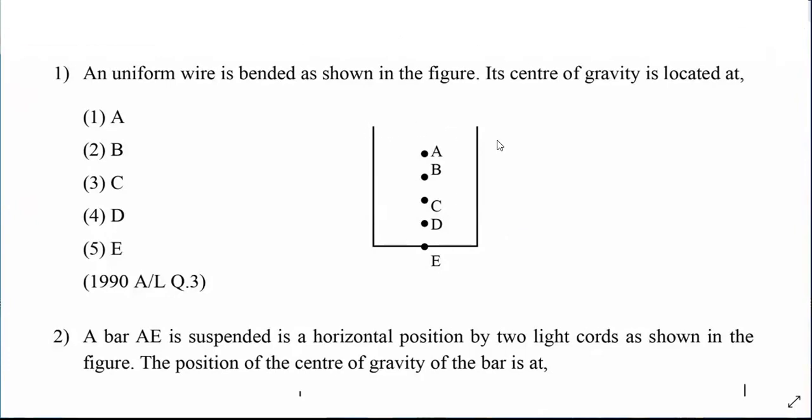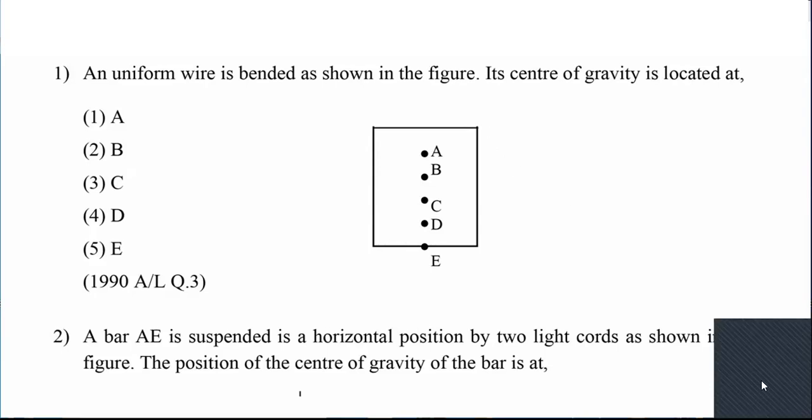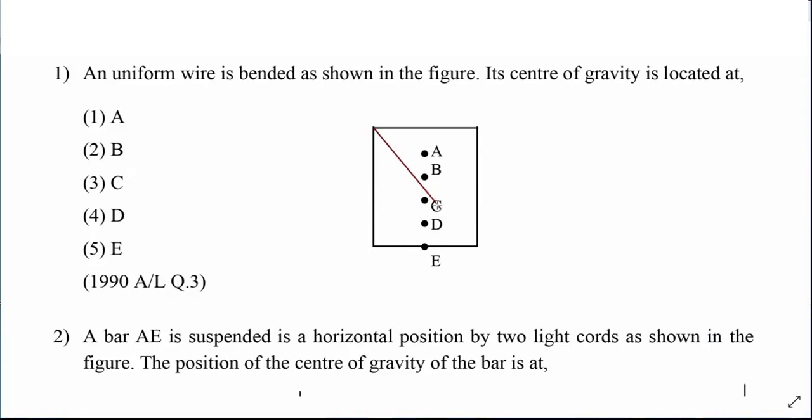So if this was closed, listen dear, if this end is also closed, then where will be the center of gravity? What's the method that we use to find the center of gravity? We just join this end and this end.